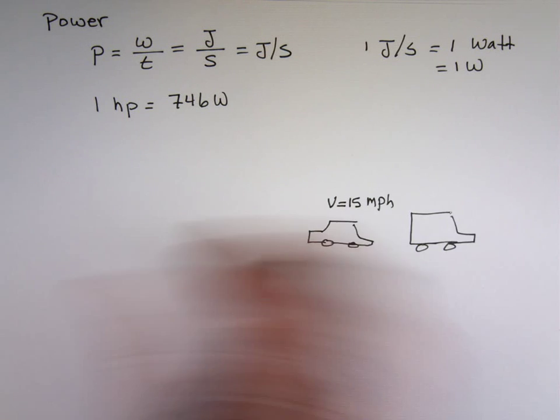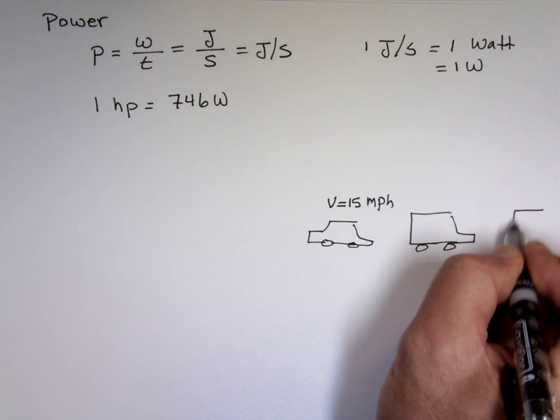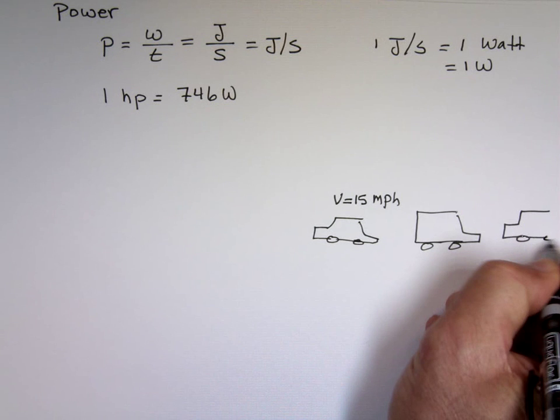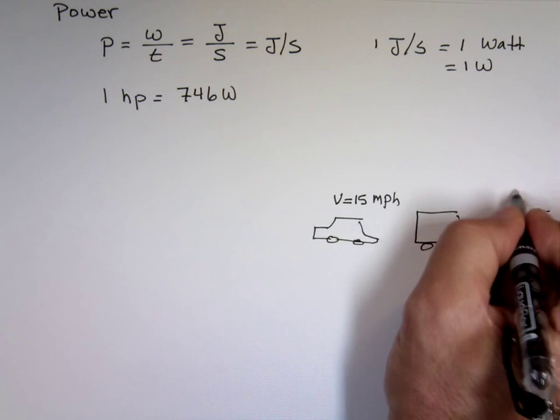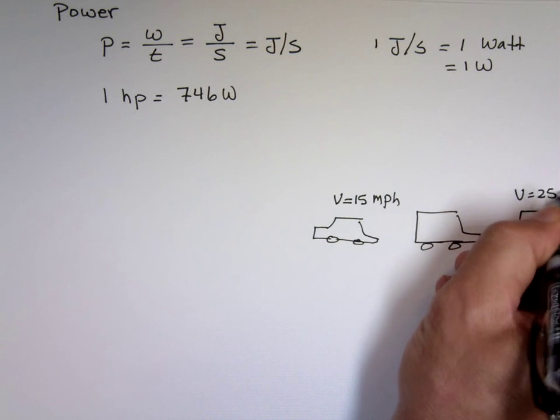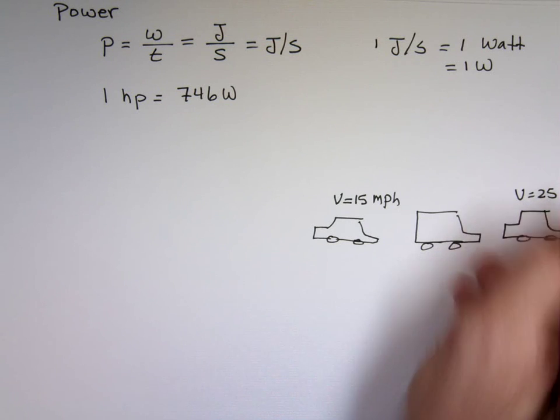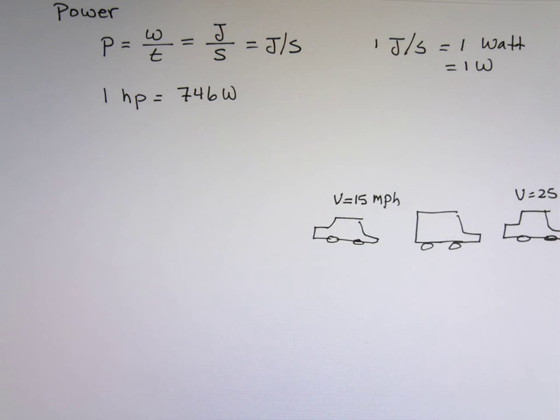You go around them and you keep going. And now your speed, you're going 25 miles per hour. More reasonable numbers. And how long did it take you to pass the truck?